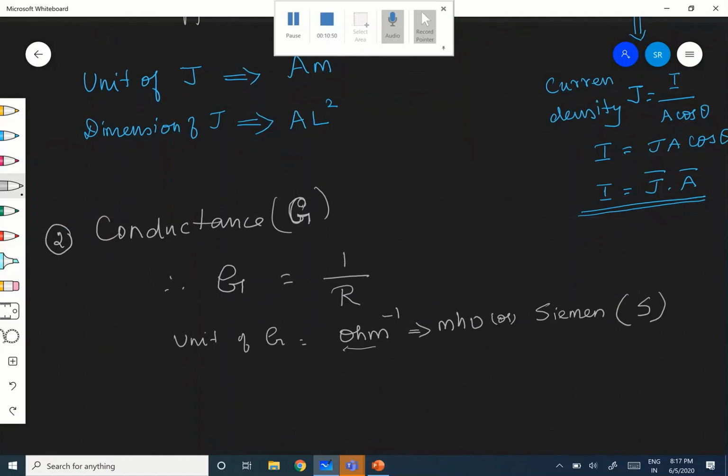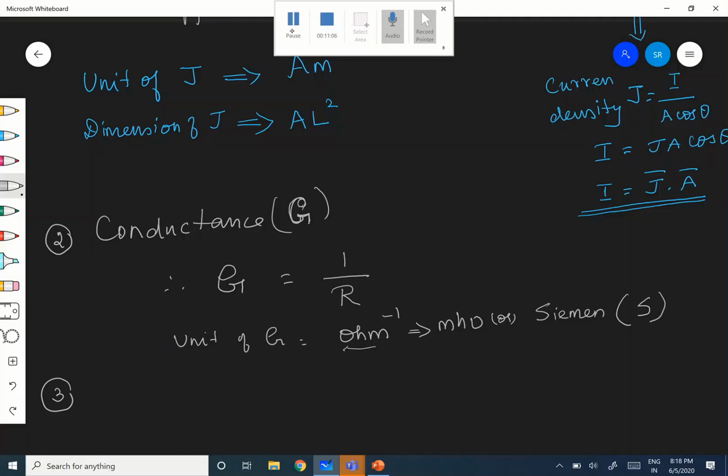Now next one, third one is conductivity. It is electrical conductivity. There is no need to say so every time because we are dealing with current electricity.